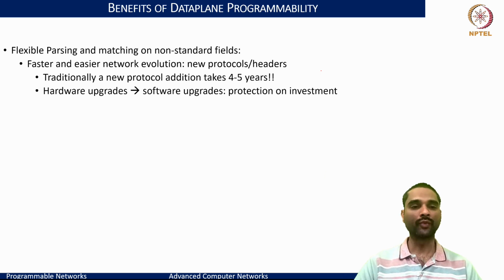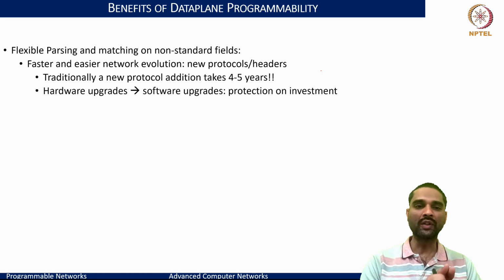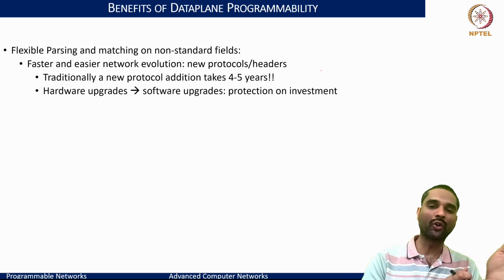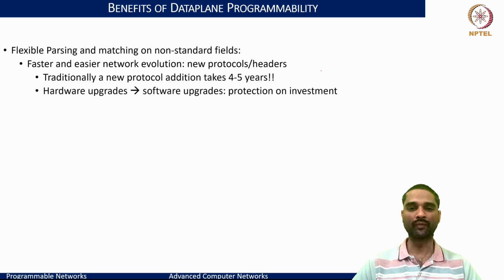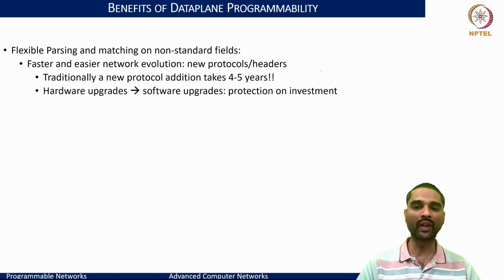And likewise, this would really break what we saw earlier as a traditional protocol design that would take several years. And now we are no more inclined to say there is a need for a hardware upgrade to facilitate support for certain protocols. It's just a software upgrade that would enable the new feature to be baked into the device and make it ready to operate.